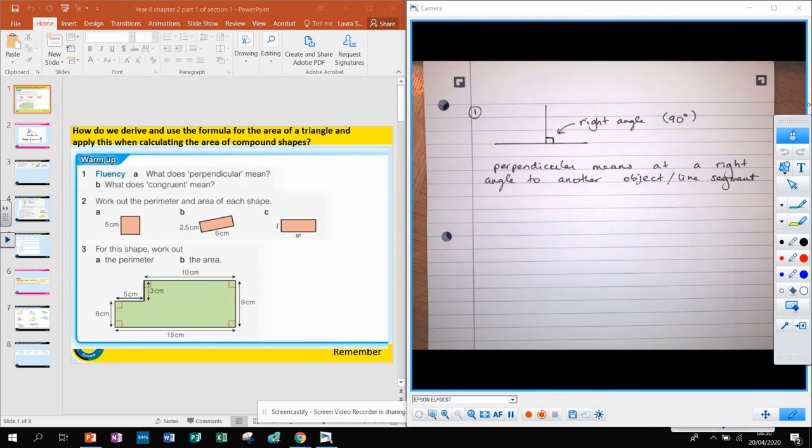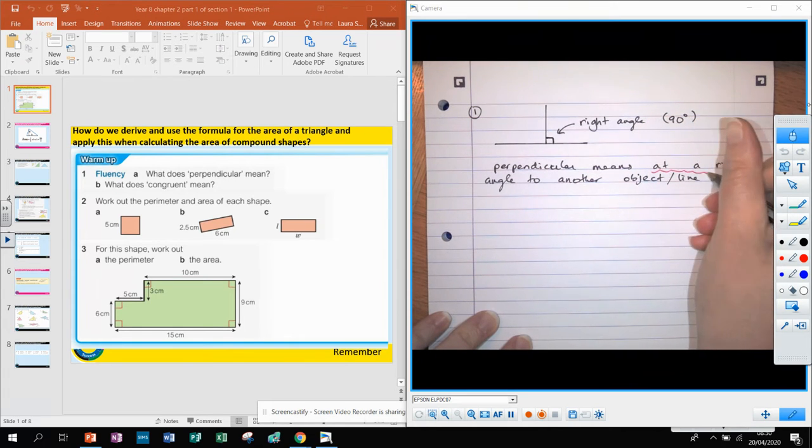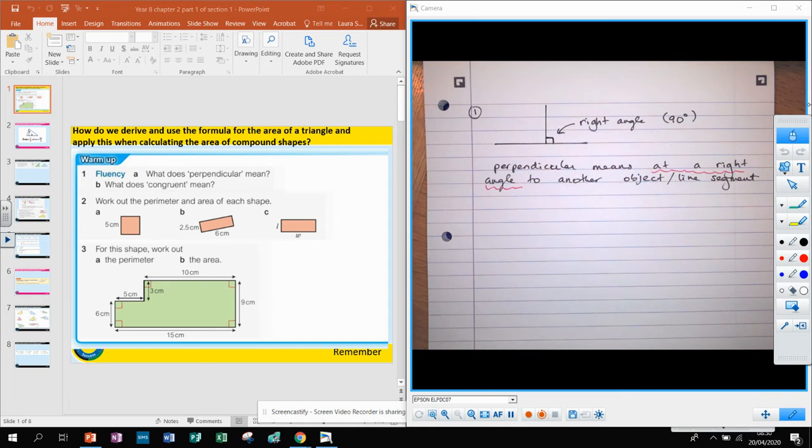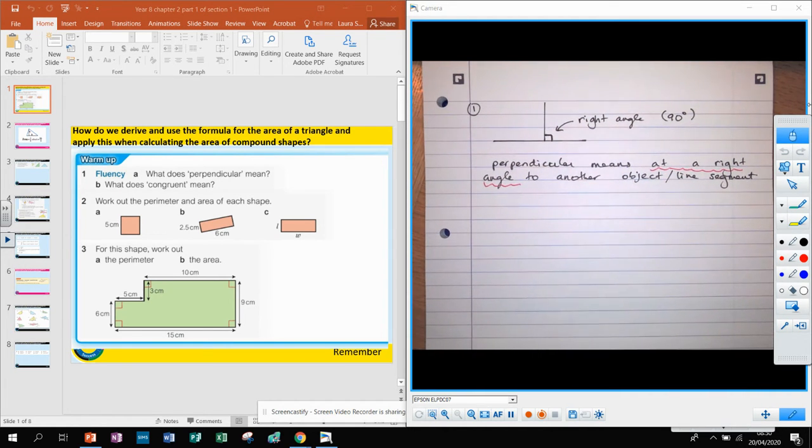But the key bit there for the definition is that we are at a right angle to the other line or object. So that sorts out that bit of the question.